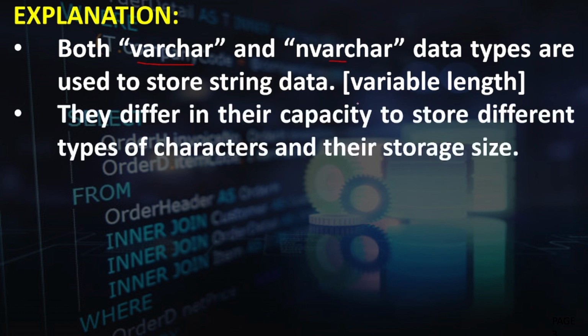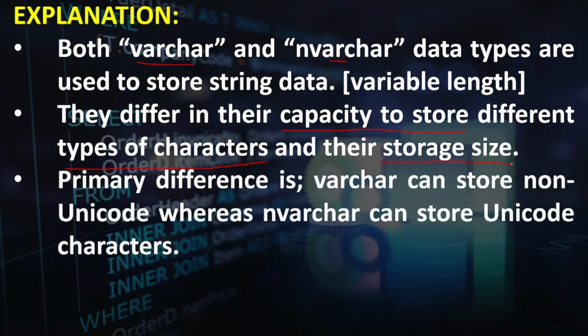But they differ on different criteria. They differ on the capacity to store, they differ on the types of characters they store, and they differ on the storage they consume. So the primary difference is varchar can store non-Unicode characters, whereas nvarchar can store Unicode characters.